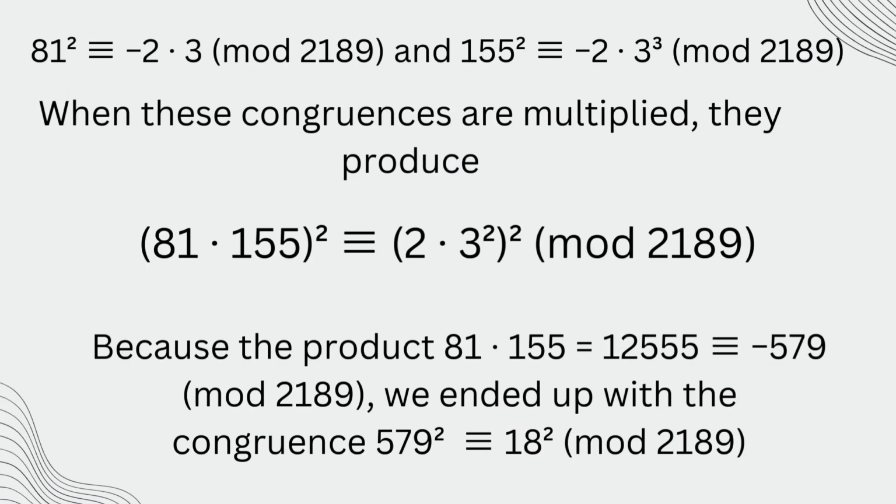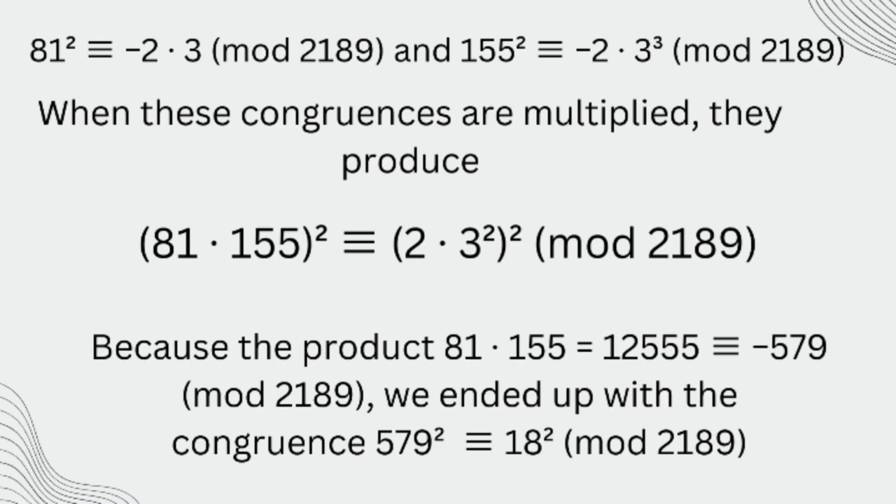When these congruences are multiplied, they produce 81 times 155 squared is congruent to 2 times 3 times 3 squared modulo 2,189 because the product of 81 times 155 is equal to 12,555 is congruent to negative 579 modulo 2,189. We ended up with the congruence 579 squared is congruent to 18 squared modulo 2,189.